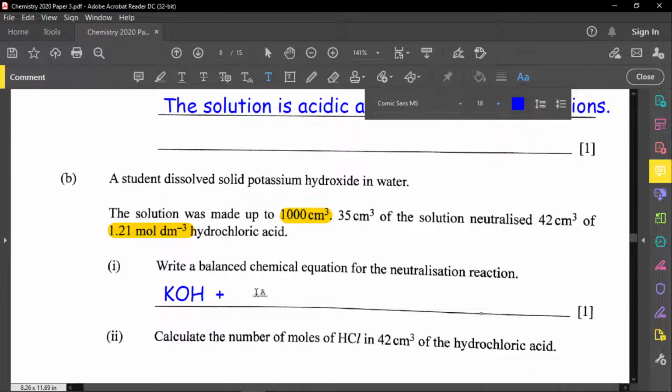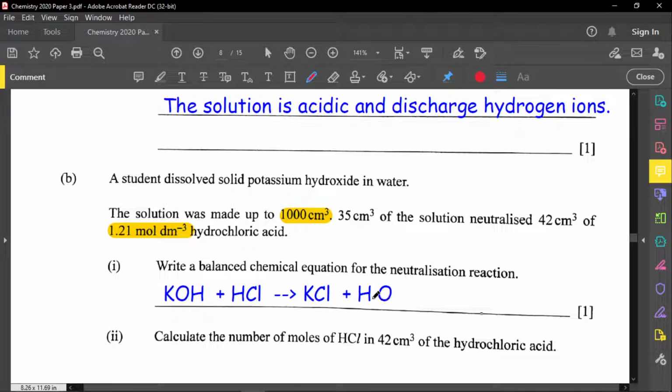So here it will be HCl, which is hydrochloric acid, and that will give us potassium chloride. So it's going to be KCl, and that will also give us water, because remember that an acid plus a hydroxide will give us salt and water. So the salt here is potassium chloride, and water, which is H2O. Let's put our 2 right here.